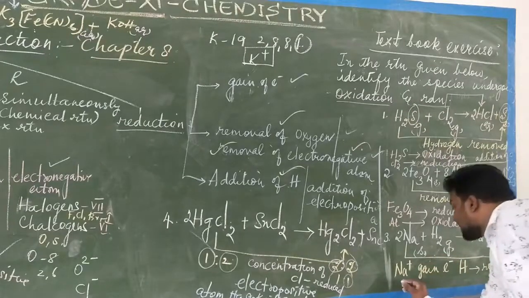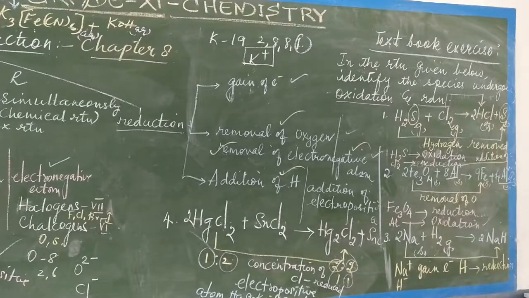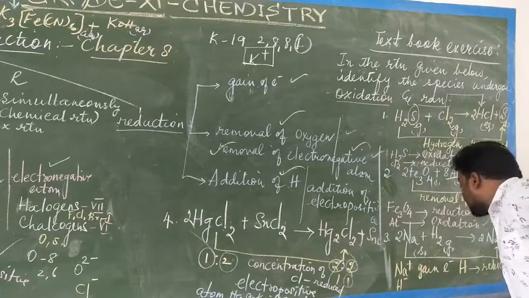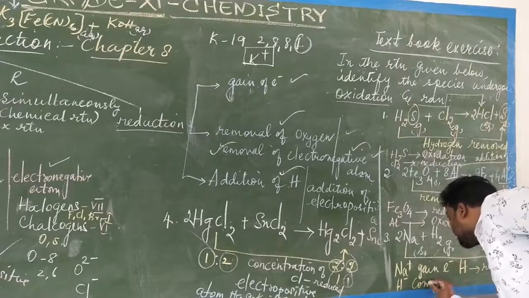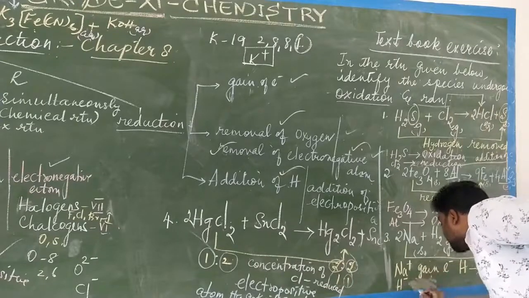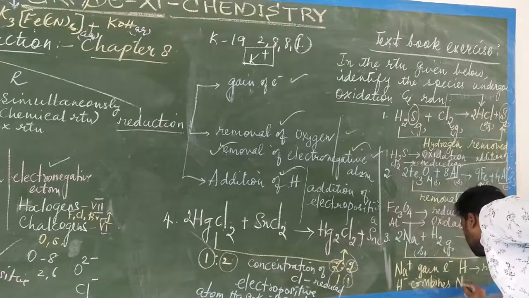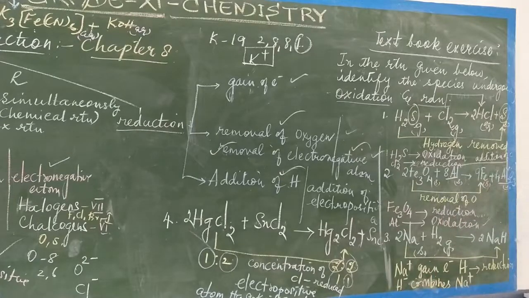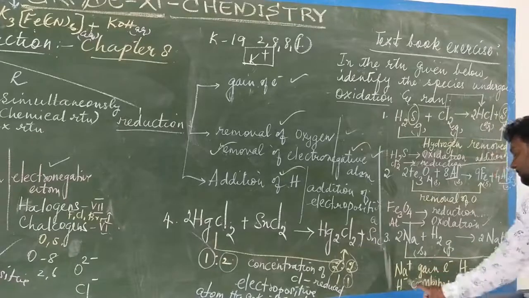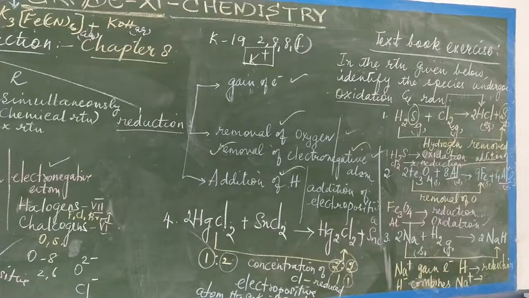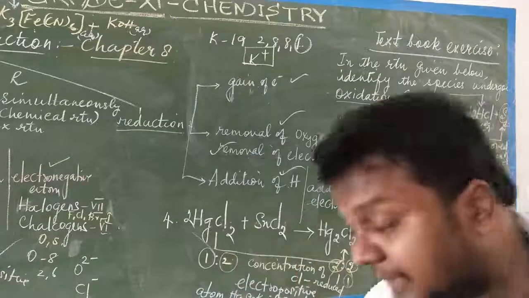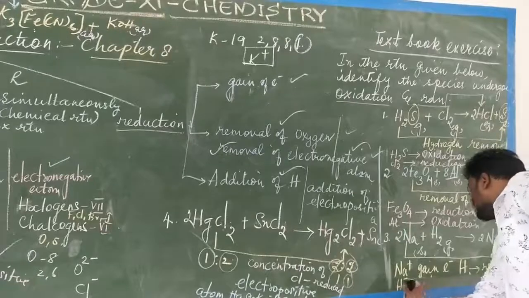Similarly, this hydrogen, which is electronegative, combines with the electropositive sodium, Na+. So here it becomes oxidation. Only reduction, keep it in mind. That will be enough. This you don't write.